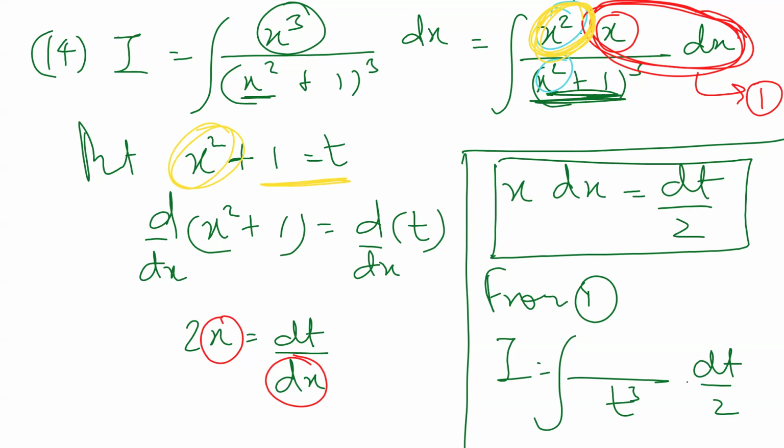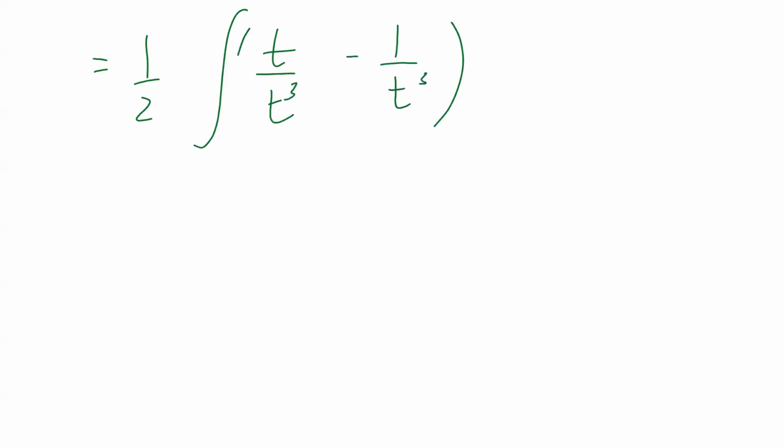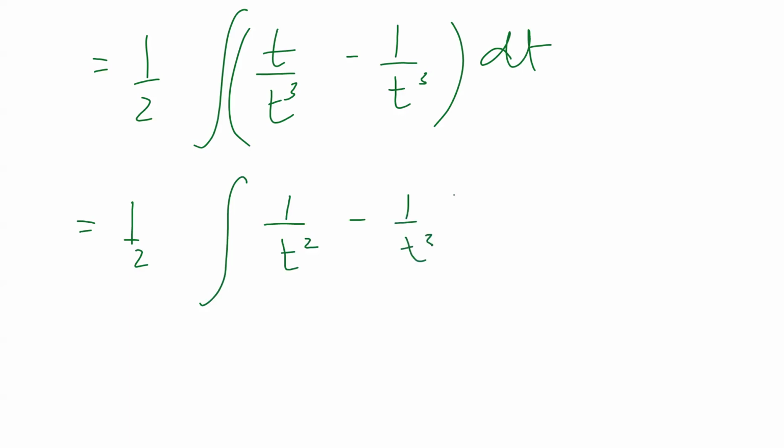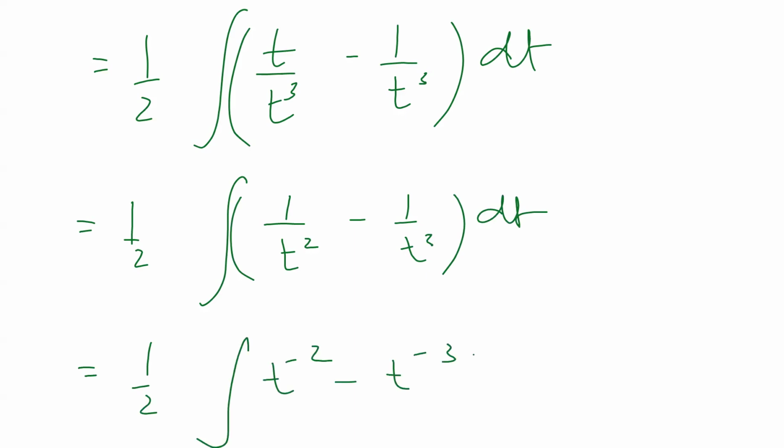So half outside, (t minus 1) upon t cube, that is t upon t cube minus 1 upon t cube dt. Half, 1 upon t square minus 1 upon t cube dt. Half, t raised to minus 2, minus t raised to minus 3 dt.